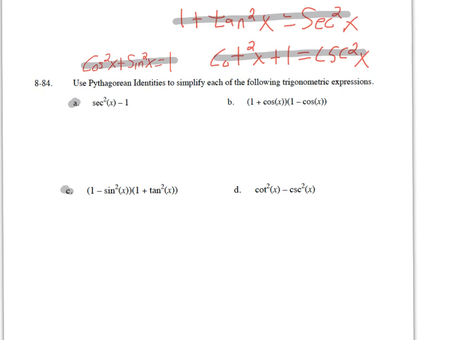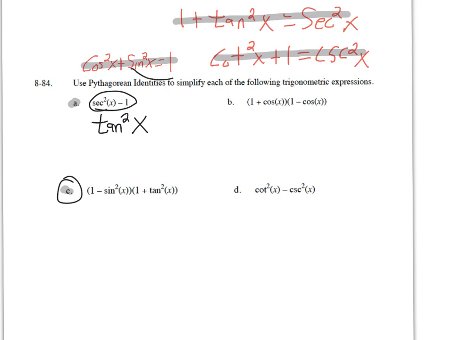So this is really the same as tangent squared x. Now I'm going to try part C. Well, 1 minus the sine squared.